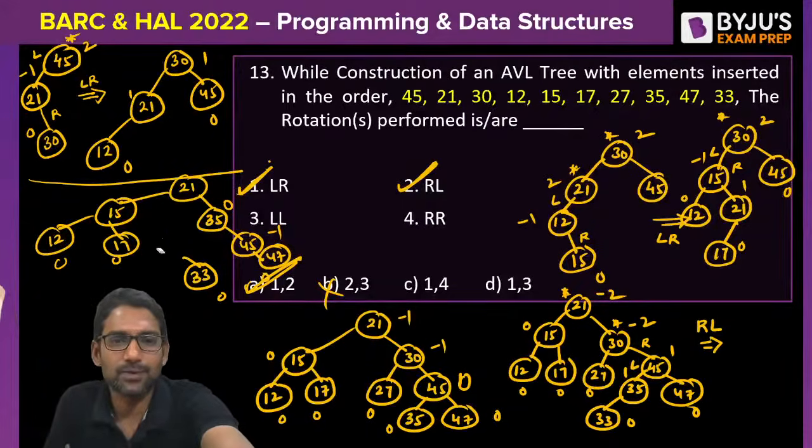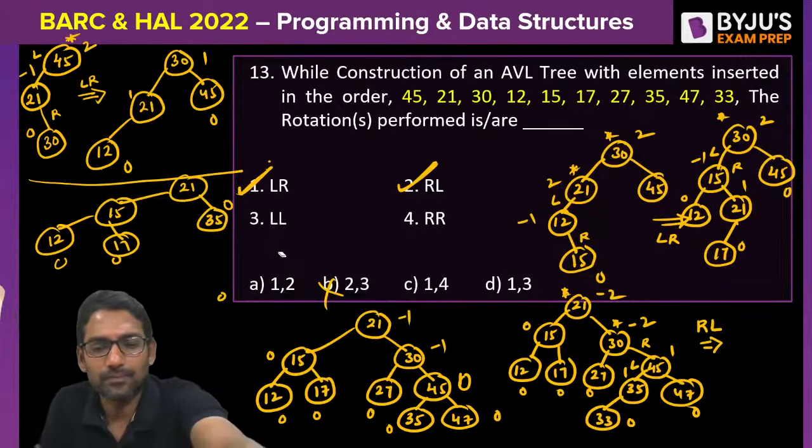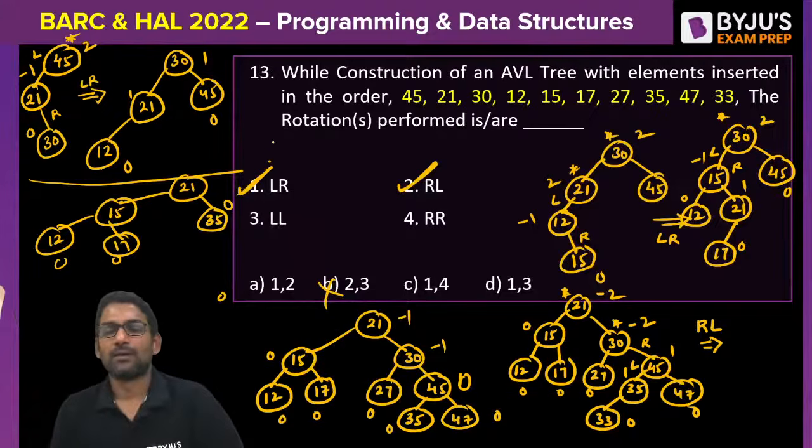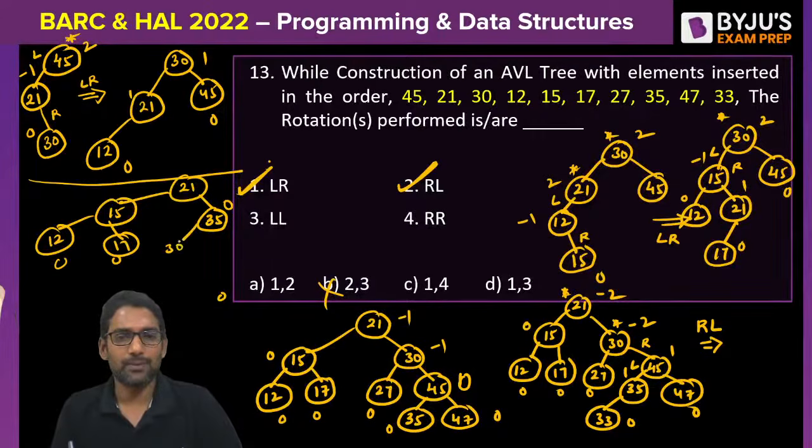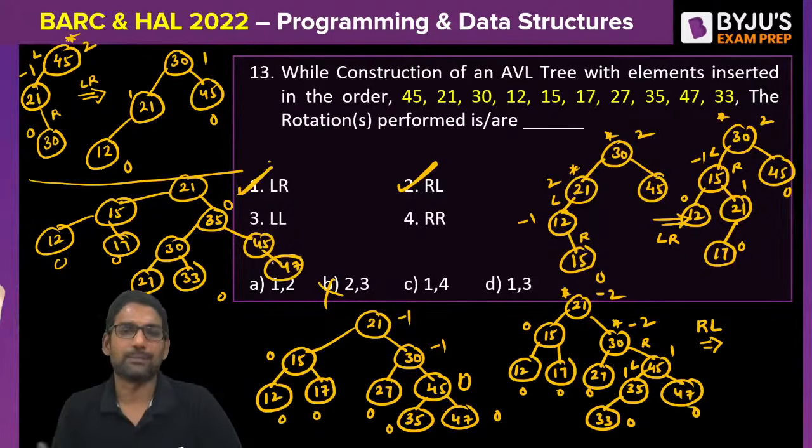I have done a small mistake here. 30, 27 would be left. 33 would be right to 30. 45, 47 would be like this. Yeah, this one.